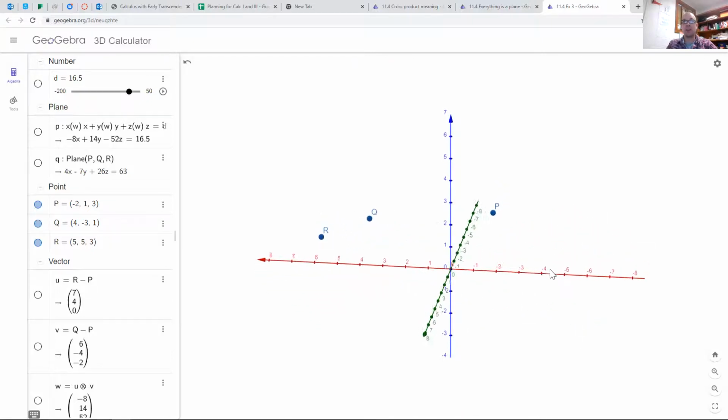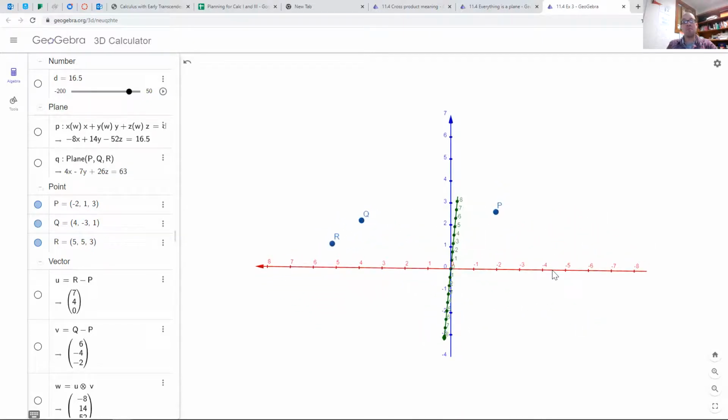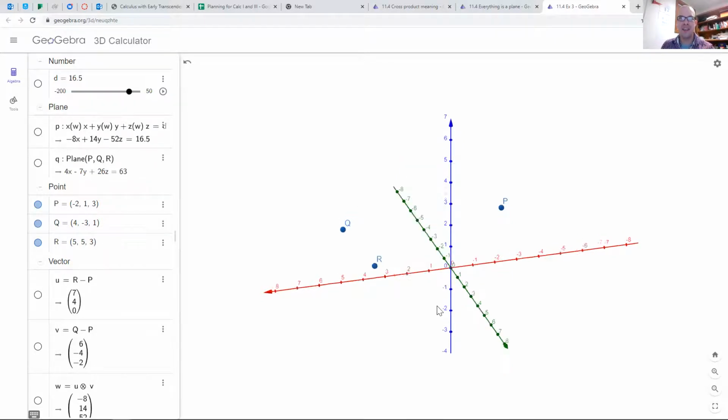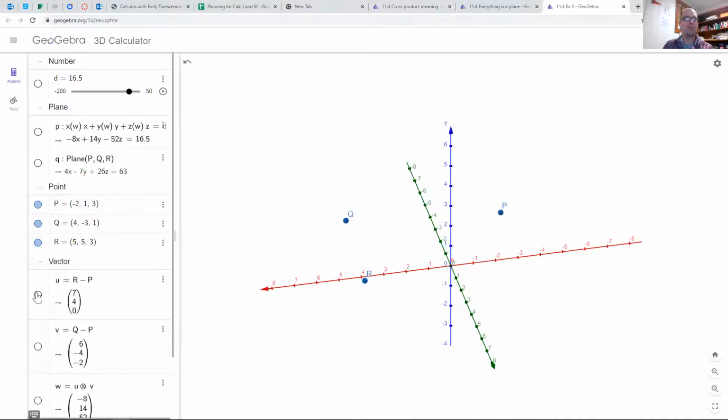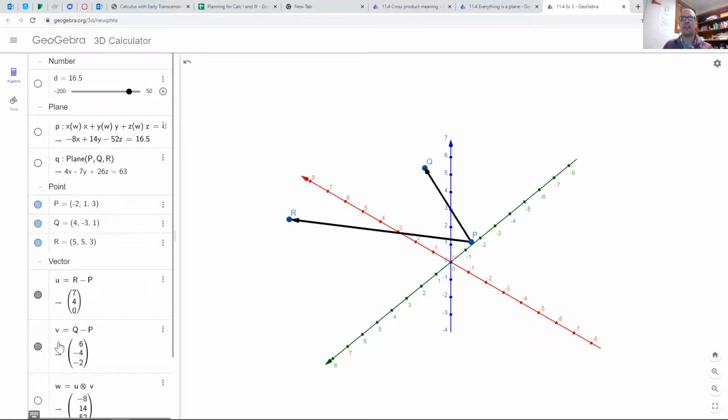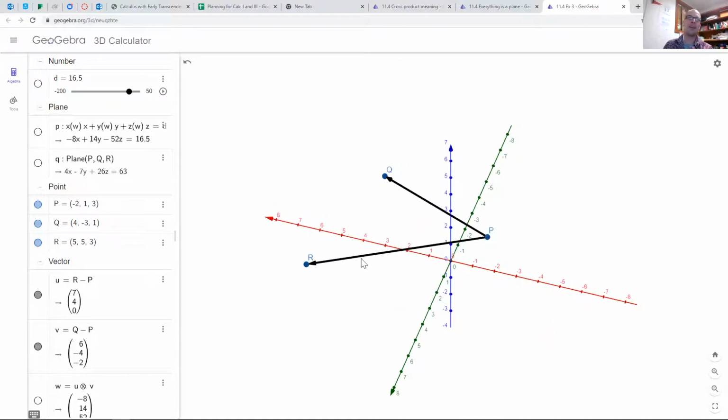And our goal is to construct a normal vector to the plane that these 3 points occupy. And in order to construct a normal vector, maybe we could use the cross product. And in order to use a cross product, we need a couple vectors to take the cross product of. So we can define U as R minus P, and V as Q minus P, so that they both start at P and end at R and Q respectively.